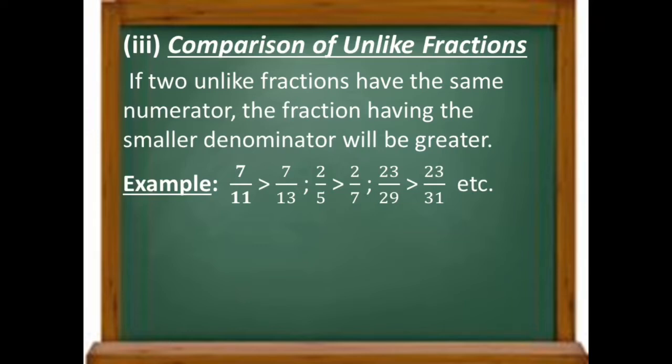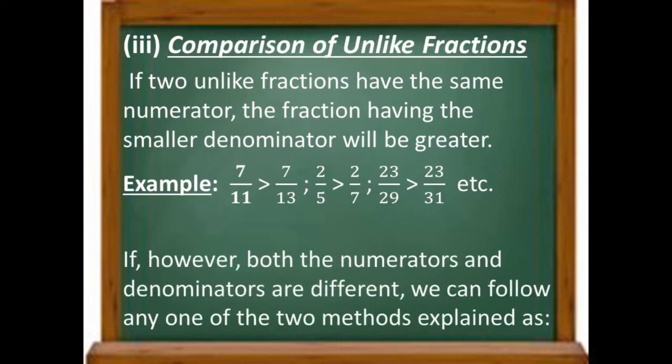Here we have seen the denominators, and out of 11 and 13, smaller is 11. That's why 7 by 11 is greater than 7 by 13. Same way, 2 by 5 is greater than 2 by 7. Similarly, 23 by 29 is greater than 23 by 31, etc.